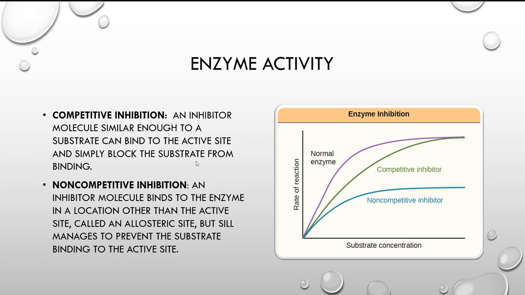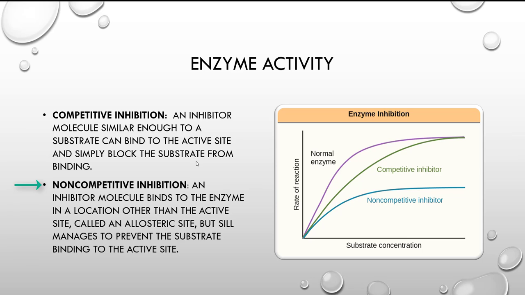And so we don't have a reaction occurring if the substrate can't bind to it, right? So that effectively stops the enzyme from functioning. If something's binding to its active site, then the enzyme can't actually do its job. And so in competitive inhibition, you have some molecule competing with the substrate. Okay, so it's binding to the active site, preventing the substrate from binding to it, and that prevents the reaction from taking place.